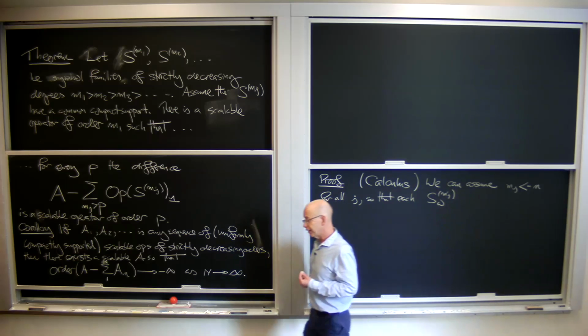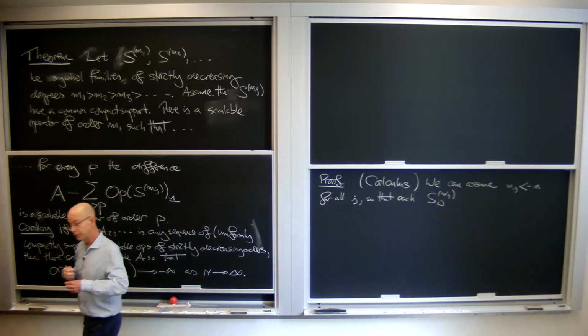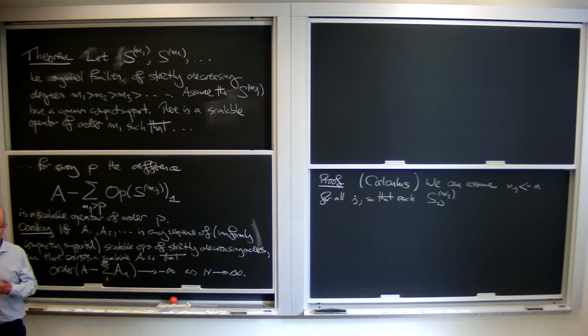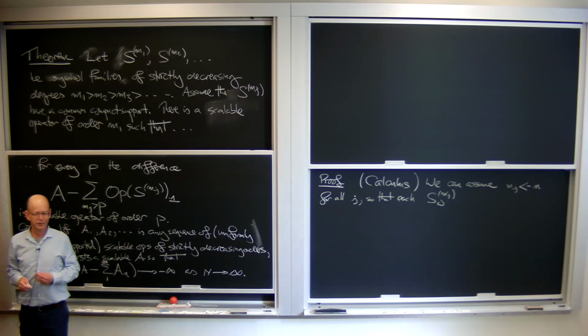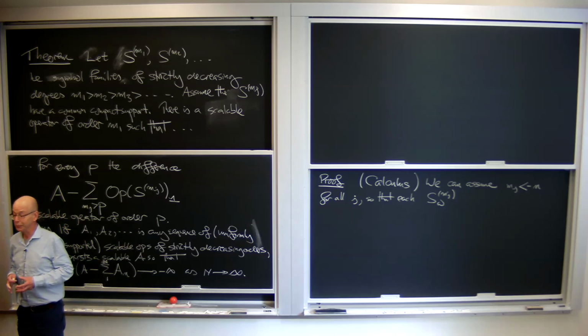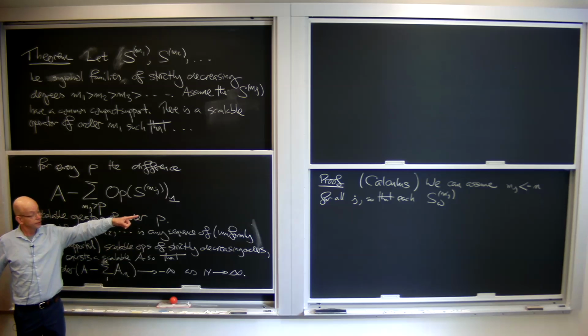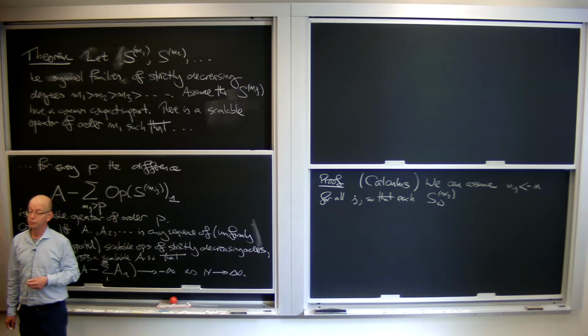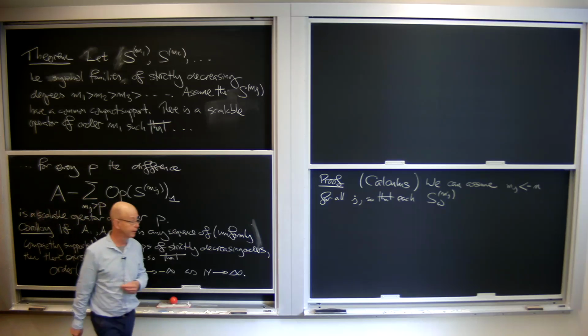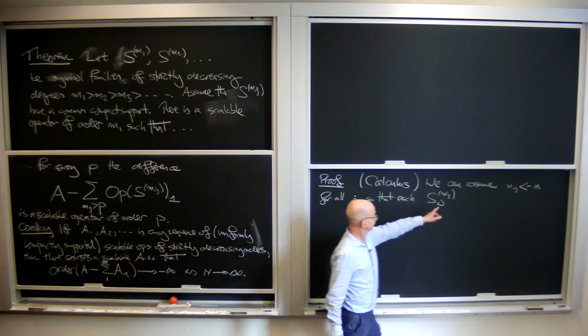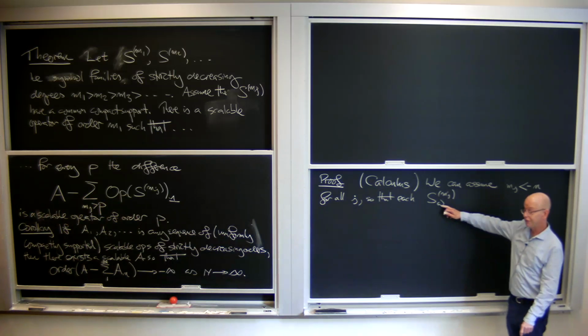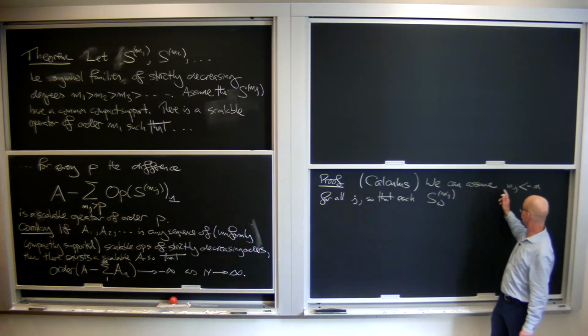So each of these operators which appears here, of course, these are all translation invariant operators. They're all given by convolving by something, but what you're convolving by is in general some kind of distribution, a little messy to think about. However, if the degree is less than minus n, these are actually convolutions by continuous functions, as we proved earlier. Each of these is an example of a scalable operator of order minus n.